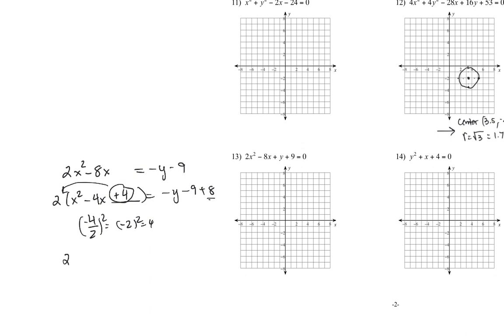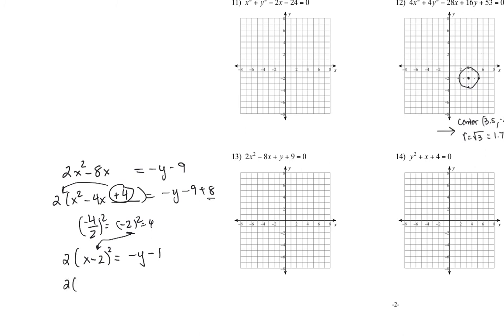And then bring it over here. So we'll bring it down, 2, and then x minus 2, that's coming from here, squared equals negative y minus 1. To get the form right, we want to make sure that the squared term doesn't have anything outside of it. So I'm going to do a couple things.